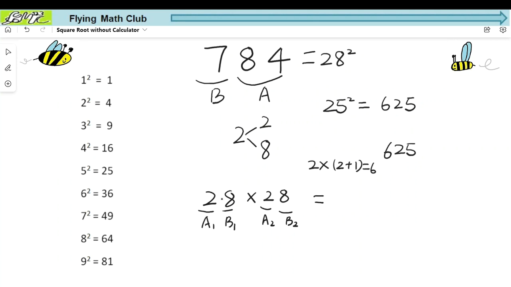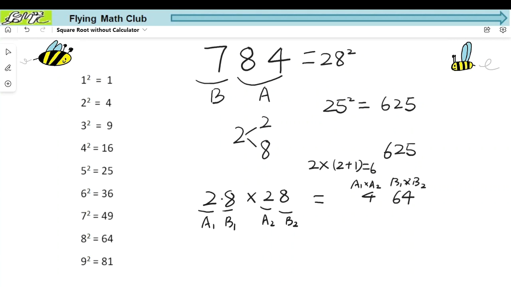In this case, 8 times 8 equals 64 as their last two digits. This is B1 times B2. Then use A1 times A2, 2 times 2 equals 4, before 64. This is A1 times A2.